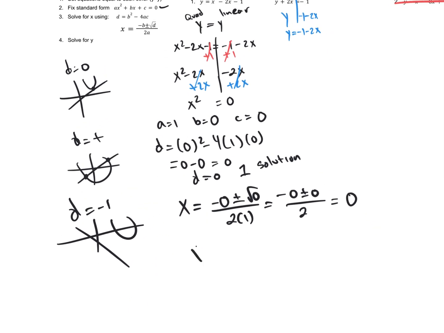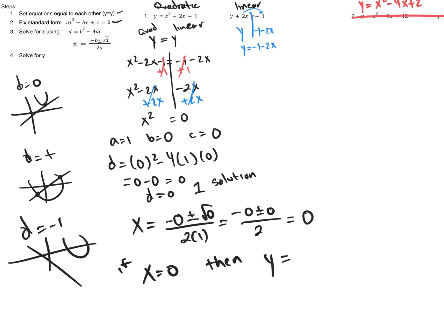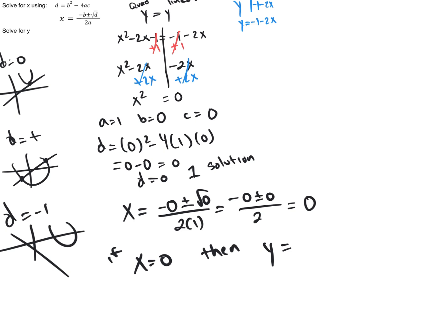So it looks like my x value is 0. So if I know x equals 0, then I can solve for my y value using my equations here, either the quadratic or the linear. I'm going to use the linear because I think it looks more simple. So y is -1 minus 2x. To solve, I plug in my x value.